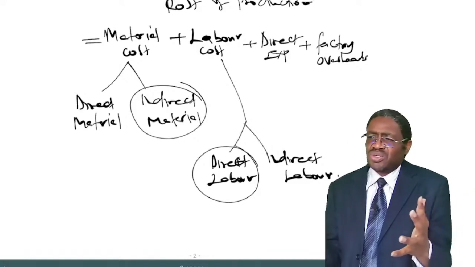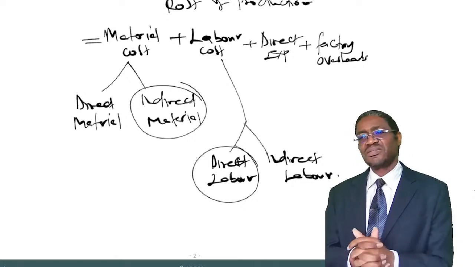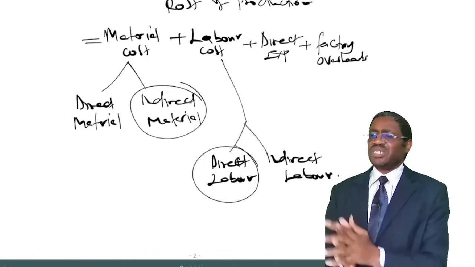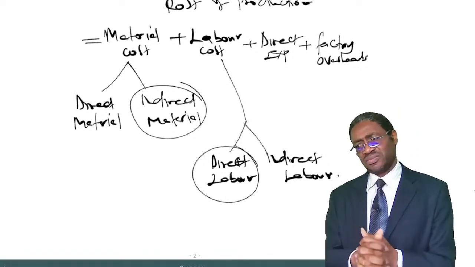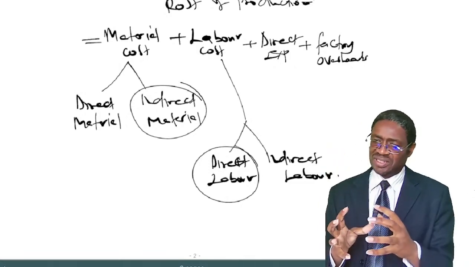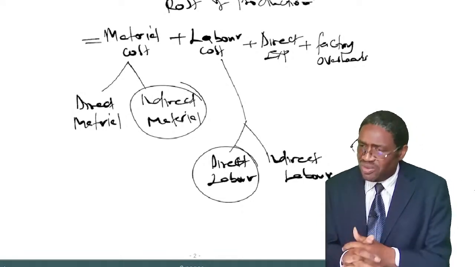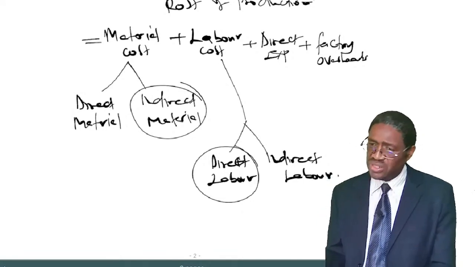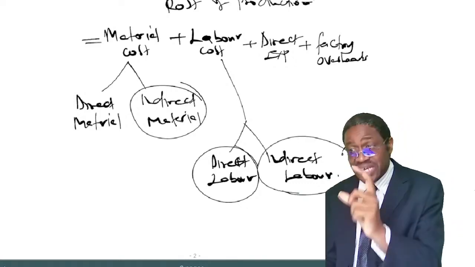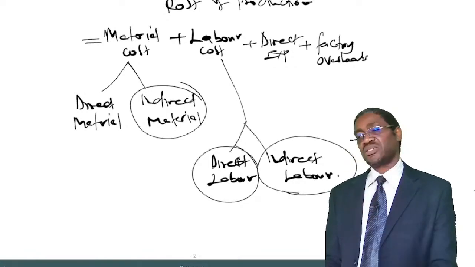But that person does not manufacture tables, but you need the services of such a cleaner. He's found within the factory. He cleans the factory, but he does not manufacture the tables. The wages you pay such a worker who is not directly involved in the manufacture of whatever you're manufacturing, such wages or such costs, we classify as indirect labor.